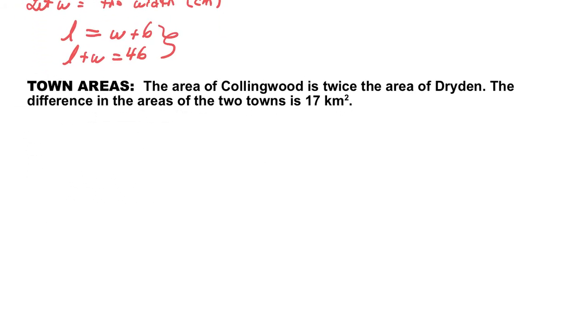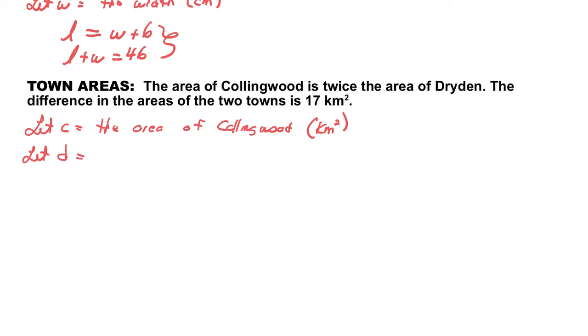Town areas. The area of Collingwood is twice the area of Dryden. The difference in the areas of the 2 towns is 17. So, once again, let C equal the area of Collingwood. And that's in kilometers squared. And let D represent or equal the area of Dryden.